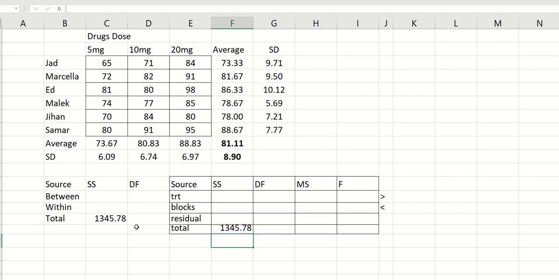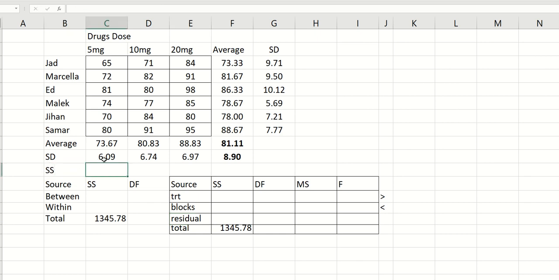Okay, next I'm going to do the within. Again, I'm not going to need the within for filling my table, but I'm going to do it so that I can show you that the within gets split between blocks and residual. So the within, remember how we do the within? You take the sum of square within every group.